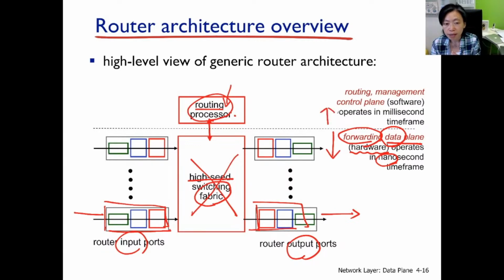On the other hand, the upper plane is the control plane. Now we have the routing algorithm implemented as software running there. So in addition to routing, it also does a little bit of the management of the router, for example, monitoring how many packets are coming in, how many packets are going out, things like that. Now, this part being implemented in software operates in a slower time scale, the millisecond time scale.